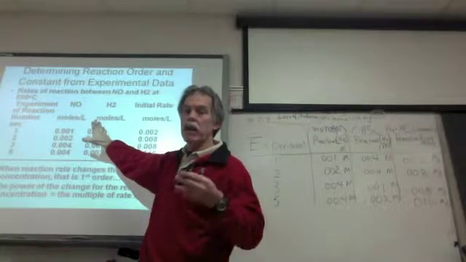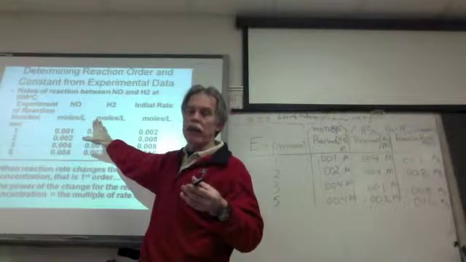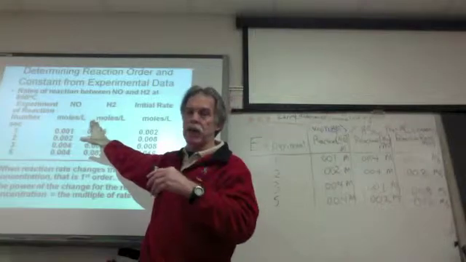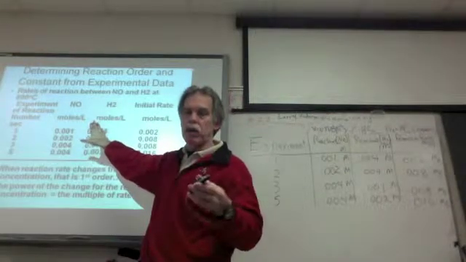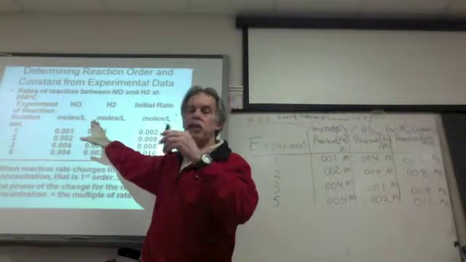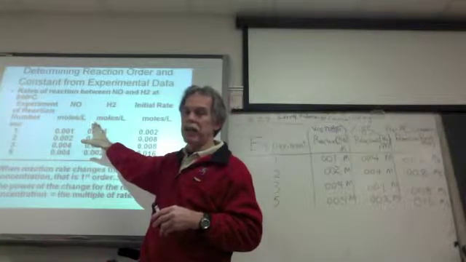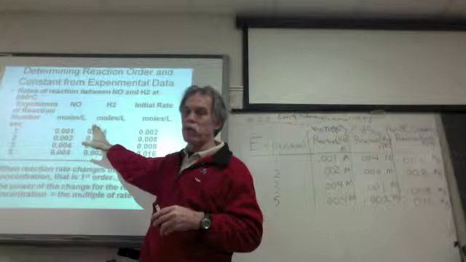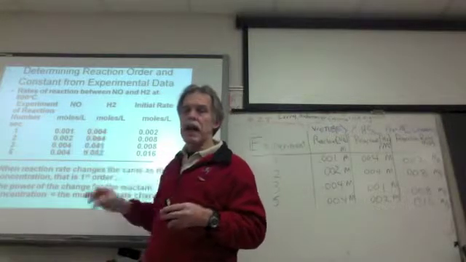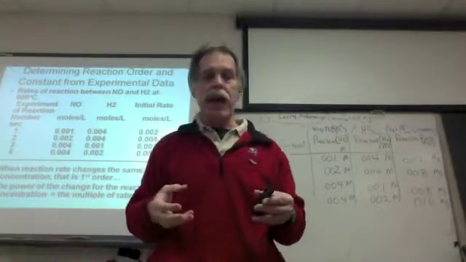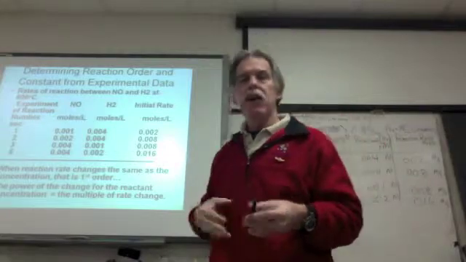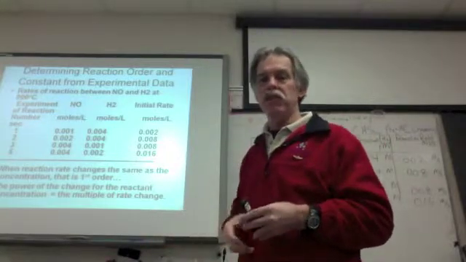Now, what if we put 2 in the bracket and put it to the second power? Well, that would be like doubling with a second order reactant. And of course, doubling a second order reactant is going to quadruple the rate. So you see how that exponent changes how a reactant causes changes in the reaction rate.